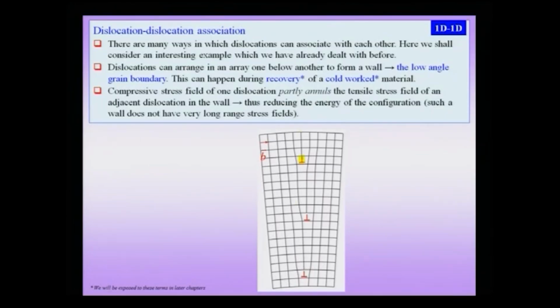This low angle grain boundary can be thought of as an array of dislocations, and this array gives rise to a lowered energy state because the tensile region of this dislocation partially annuls the compressive region of this dislocation, and therefore has a lower energy state. Such a low angle grain boundary does not have long range stress fields unlike the case of an isolated edge dislocation.